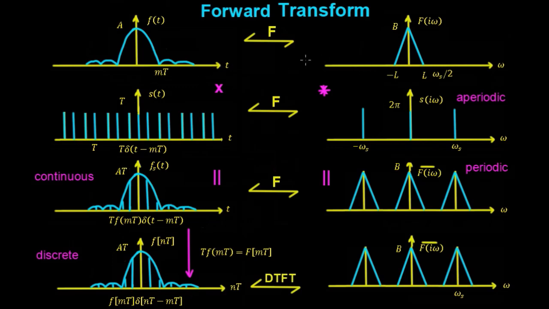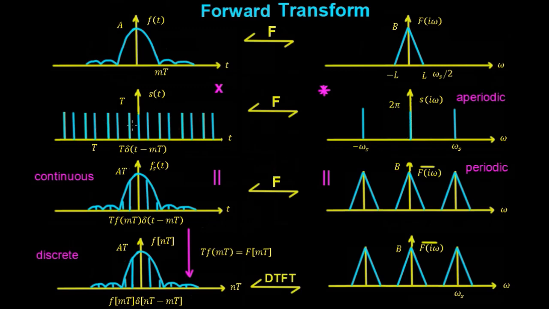So on the other side here we're going to look at the actual Fourier transforms of these. So the Fourier transform of this looks like a little triangle here, and we can see that it's going to be crossing over at minus L and plus L. We know the Fourier transform of an impulse train is another impulse train, so if the distance between here and here is a value of T, so that's the period T, then the distance from here to here is going to be omega s, which will be 2 pi upon T, and the actual height of this will be 2 pi as well.